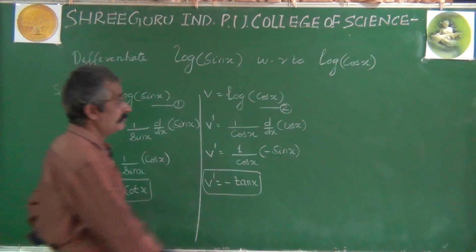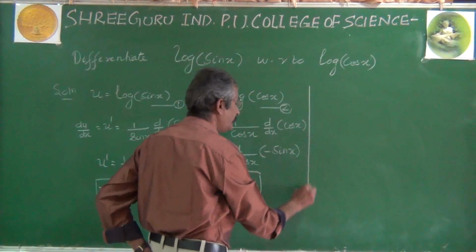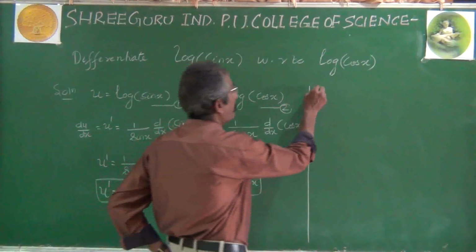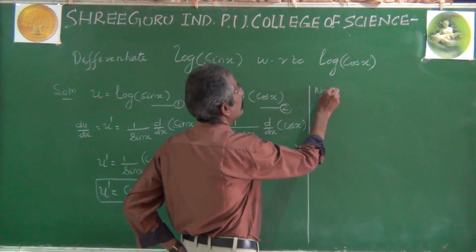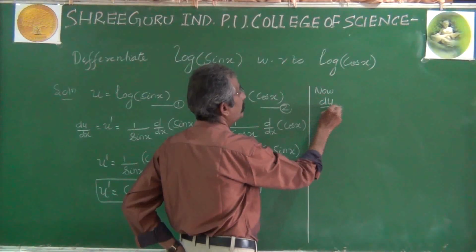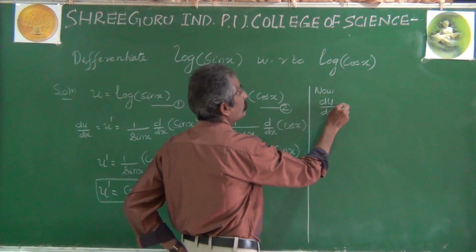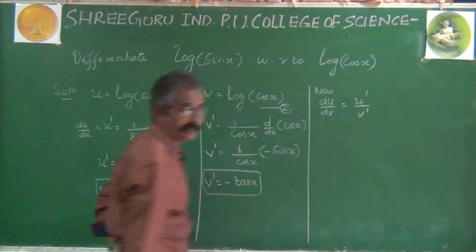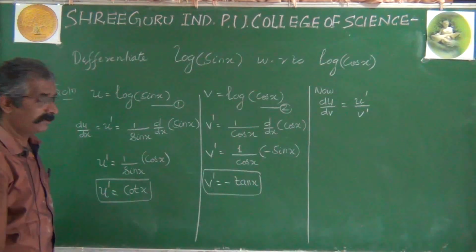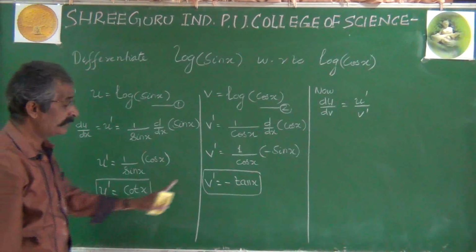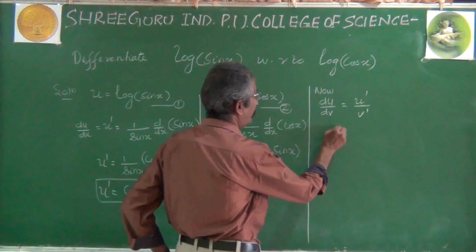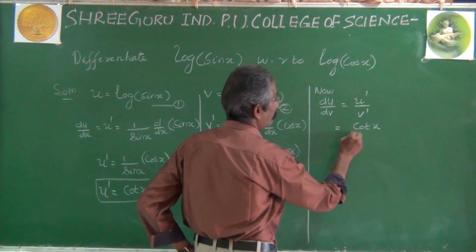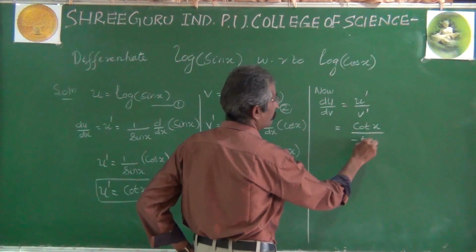Now finally, we are asked to find du by dv. Hence du by dv equals, whose formula is u dash divided by v dash. Substituting values of u dash and v dash, that equals cot x divided by minus of tan x.